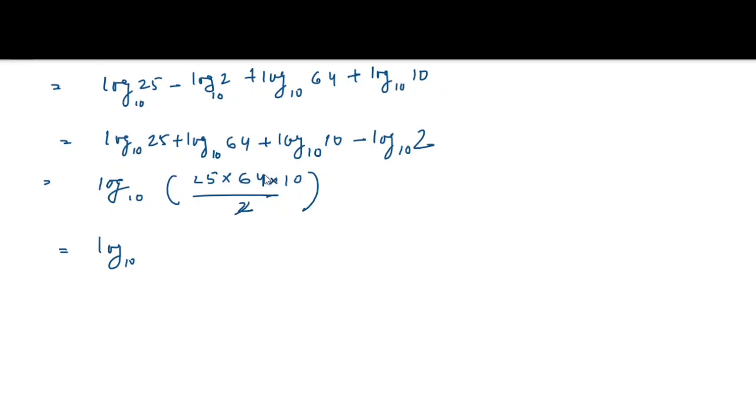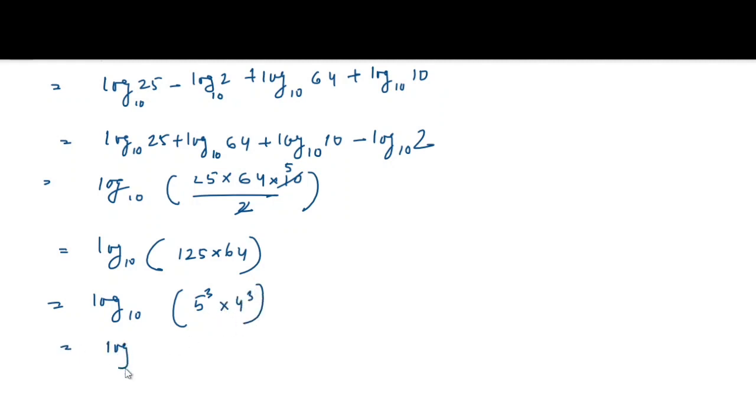Log 10 base 2, and this one will cancel out 5, so we'll write that one, 125 into 64, right. So log 10 base 125 is actually 5 cube, and this one is 4 cube, right. So we'll have log 10 base 20 power 3, or 3 log 20.